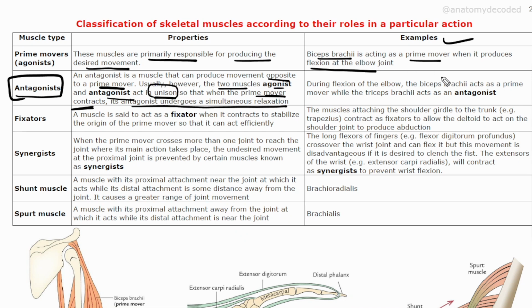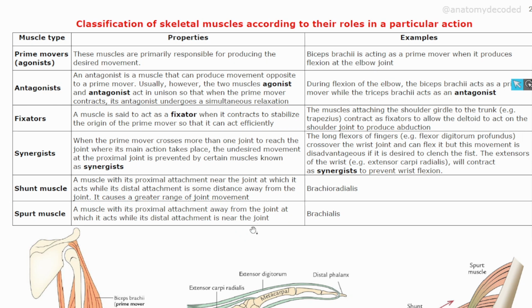An example: during flexion of the elbow joint, the triceps brachii will work as antagonist. There will be relaxation of the muscle fibers of the triceps brachii during the flexion of the elbow joint. So if biceps brachii is acting as a prime mover, triceps brachii is an antagonist.